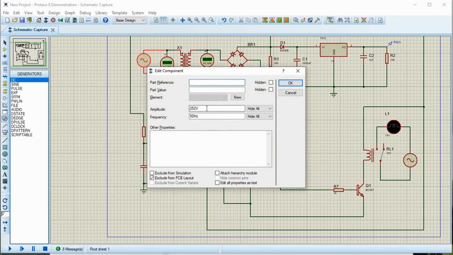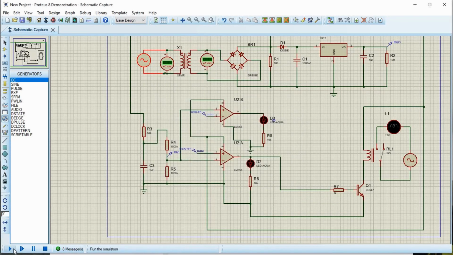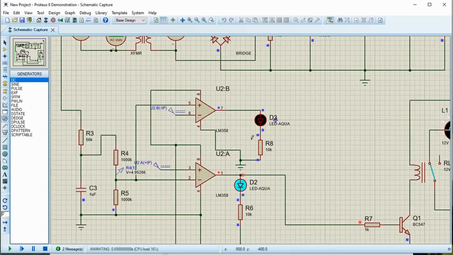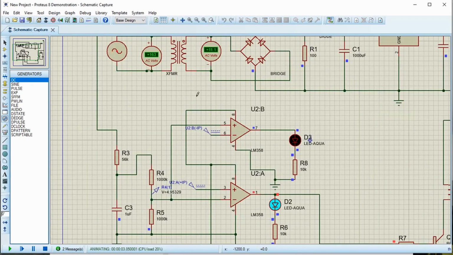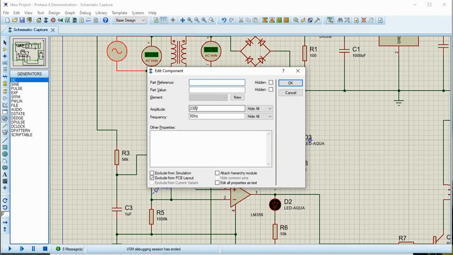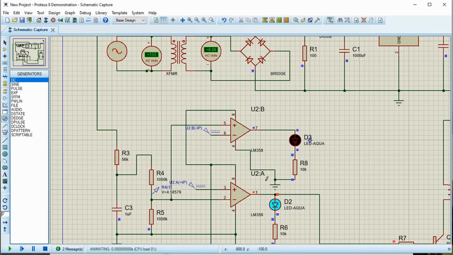So let's check at a lower voltage of, for example, 230. Yeah, the lower cutoff section is off because it is lower than our set voltage, that is 180. Checking once in the middle, let's put it at 300. Both should be on.